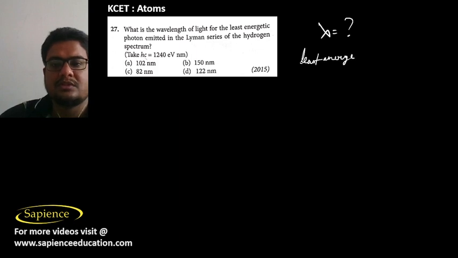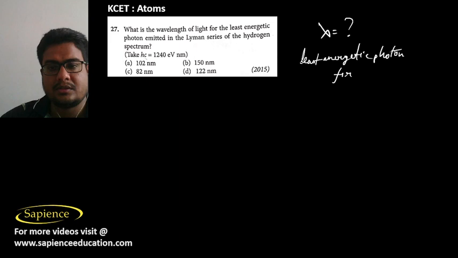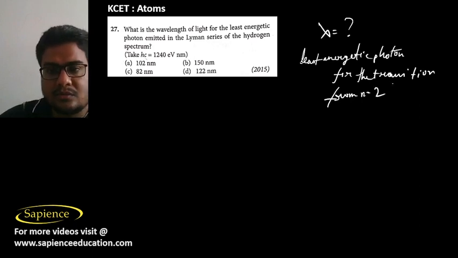The least energetic photon will be emitted for the transition from n is equal to 2 to n is equal to 1.